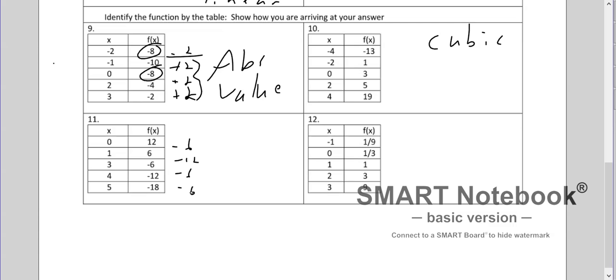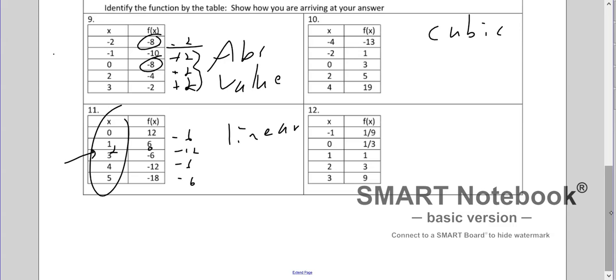Now, this one's tricky because if you notice here, it skipped over 2, and that would have actually been 2 zeros, so it would have been -6, -6, -6. So again, this is kind of a tricky one because it throws in that -12 there, but that's because this wasn't consistent over here. So this is linear. But again, if you want to put this in Desmos, it'll make it very easy to not get it wrong.